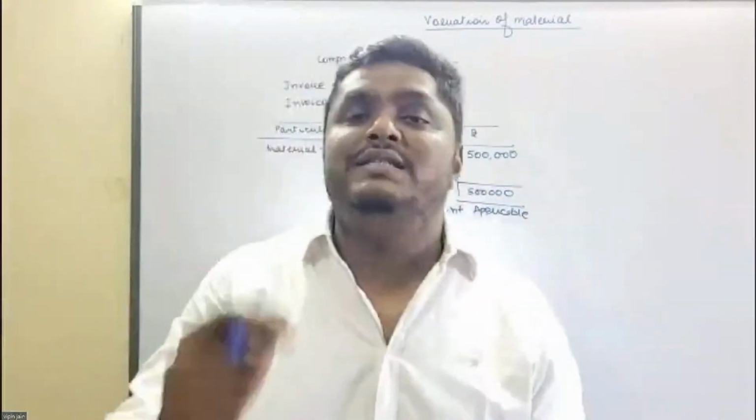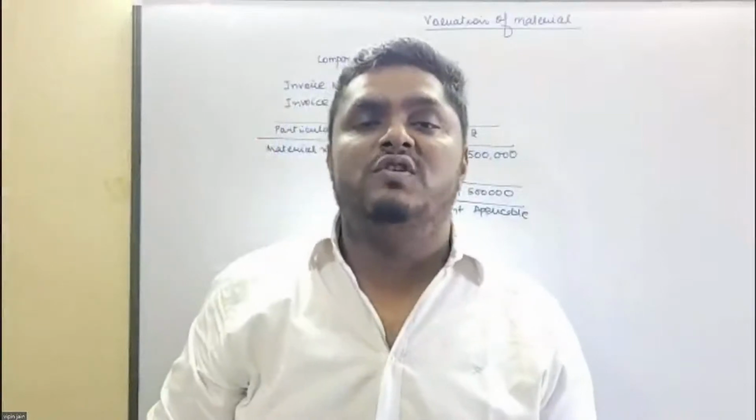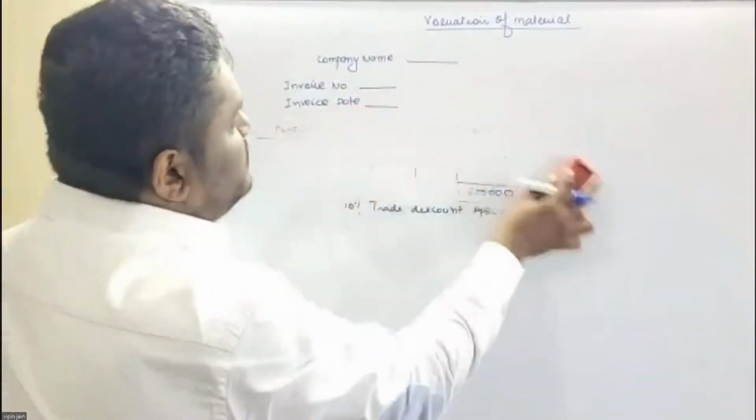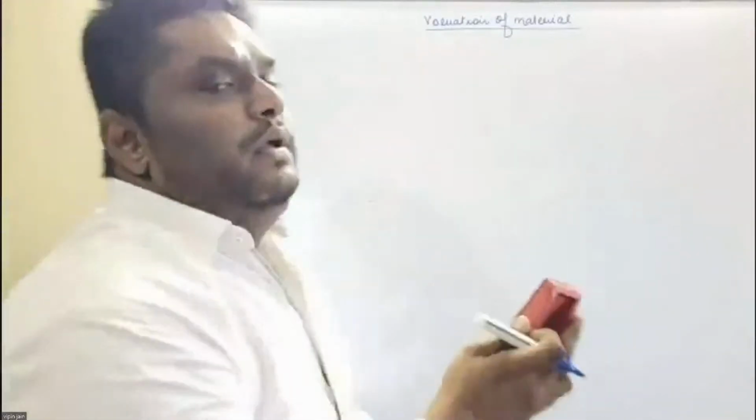So the thumb rule is wherever trade discount is given, it will be reduced from the cost of purchase. So the first part is over, guys, that is relating to trade discount, that is, the trade discount will be reduced from the cost of purchase.